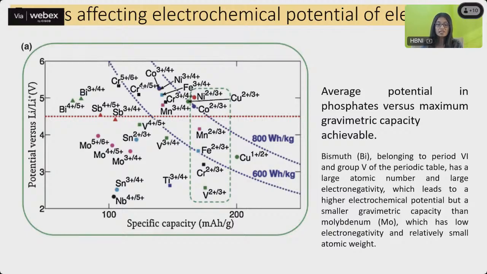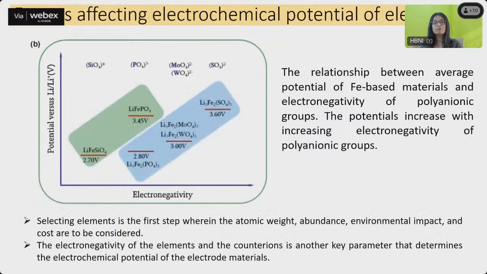And you see over here that in the case of copper, chromium, and these materials, the gravimetric capacity is around 600 watt hour per kg. Whereas if you move more toward the cobalt and nickel side, you get a higher gravimetric capacity of 800 watt hour per kg. Because all of these were phosphate, similarly you can have different types of counter anions.